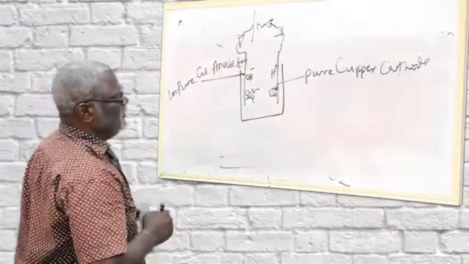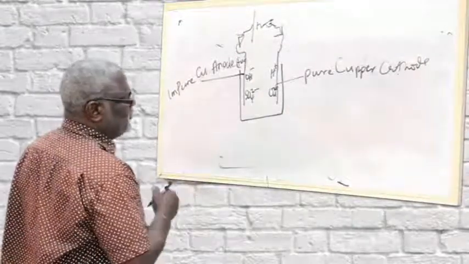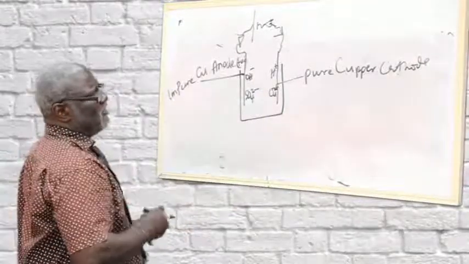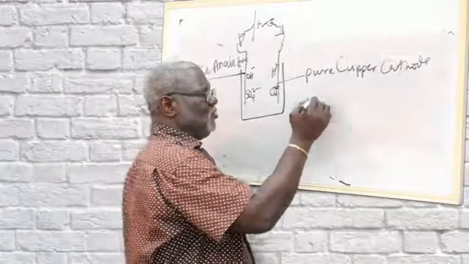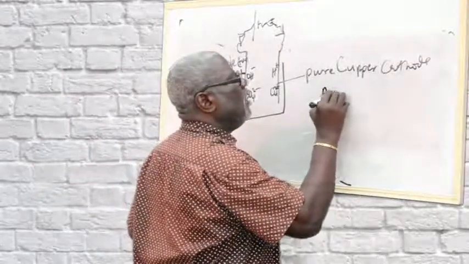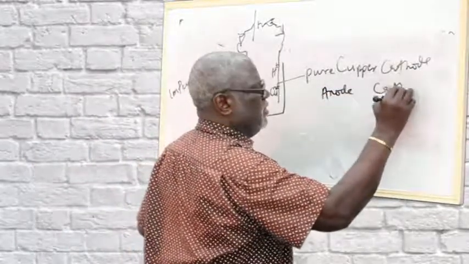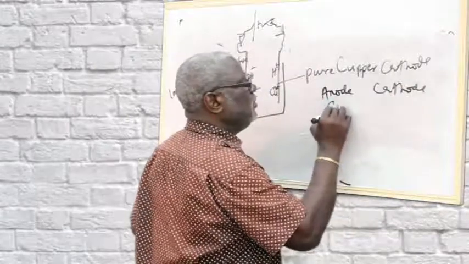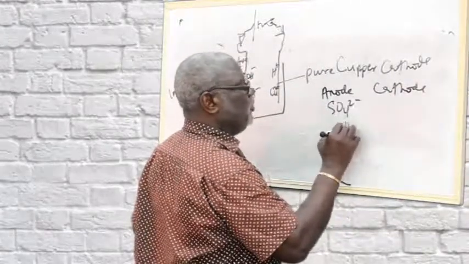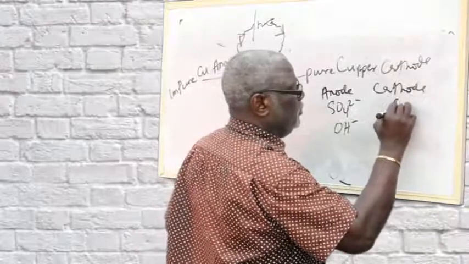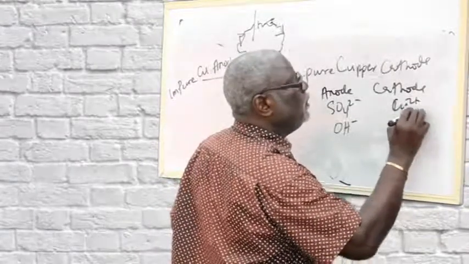So let's look at the half reaction for this electrolysis. We have anode, we have cathode. SO4 2-, OH-, Cu2+, H+.